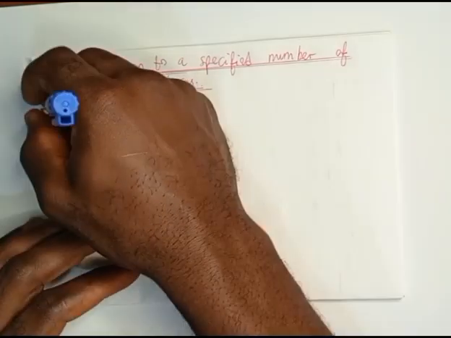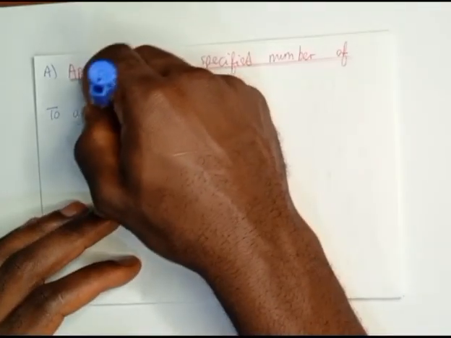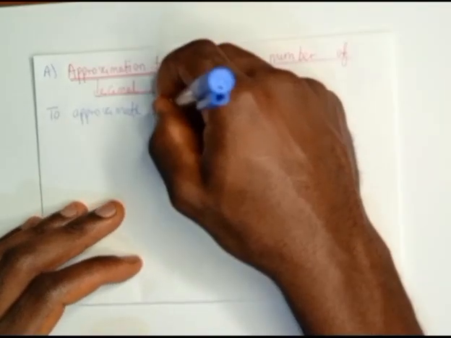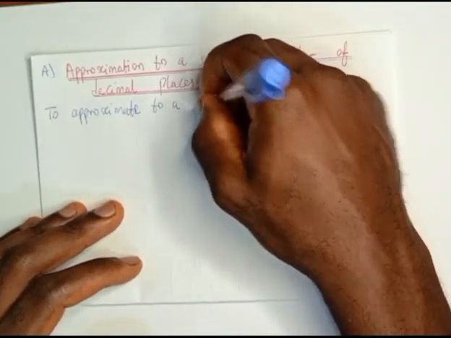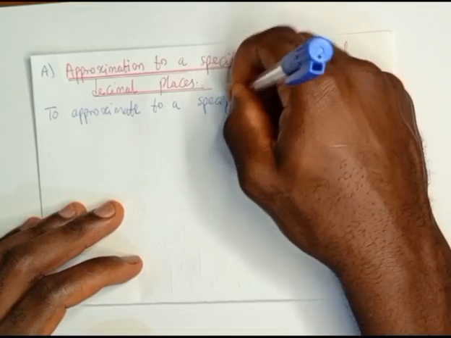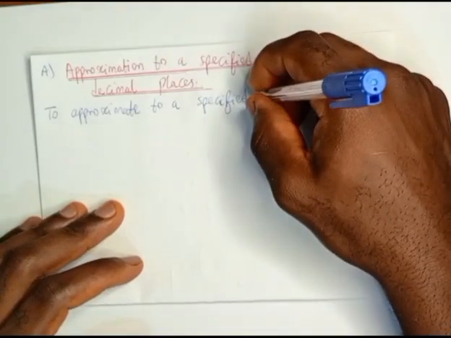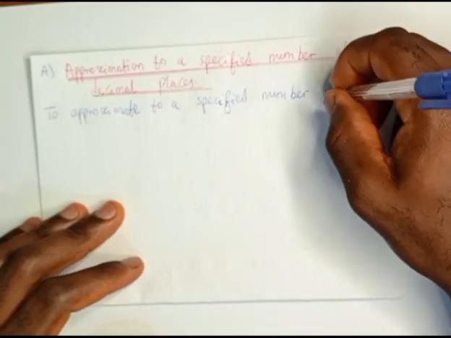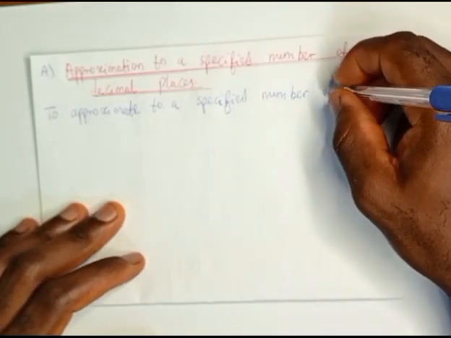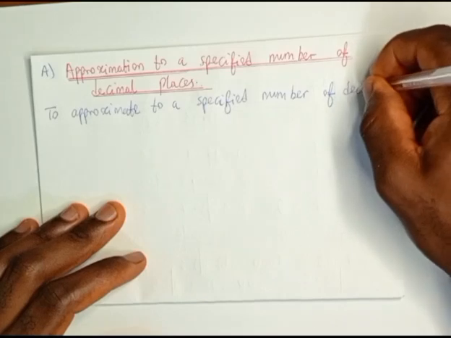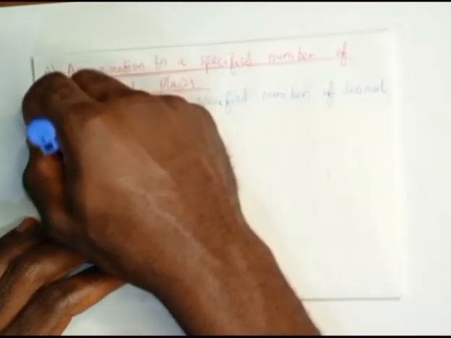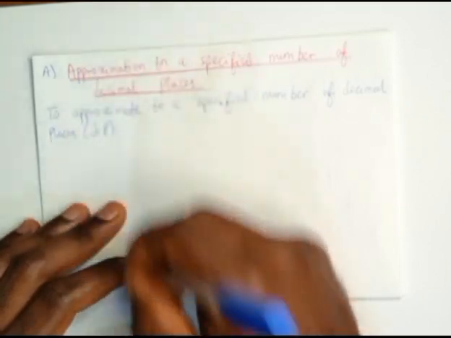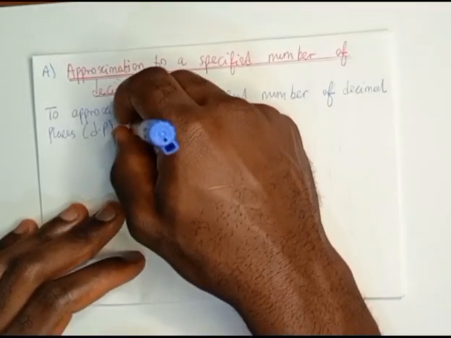Let's take this down. To approximate to a specified number of decimal places (DP). This is how we abbreviate decimal places.